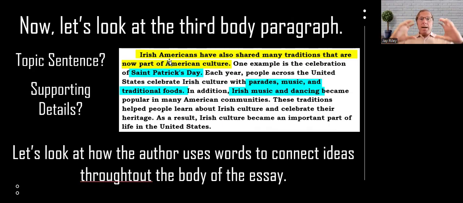So each paragraph has its own function, and within each paragraph, each sentence has its own function. That first sentence is going to tell that big idea, and then we just expand on that big idea with our supporting details. I've got St. Patrick's Day, parades, music, foods, Irish music, and dancing.